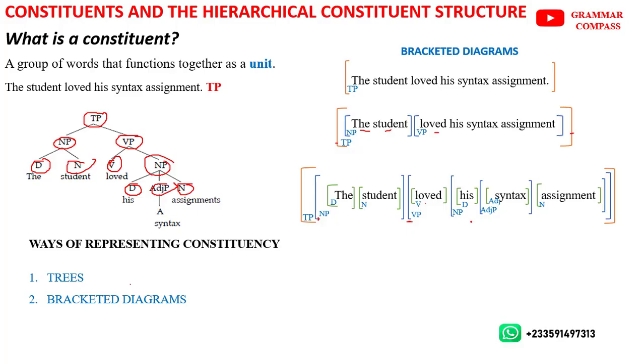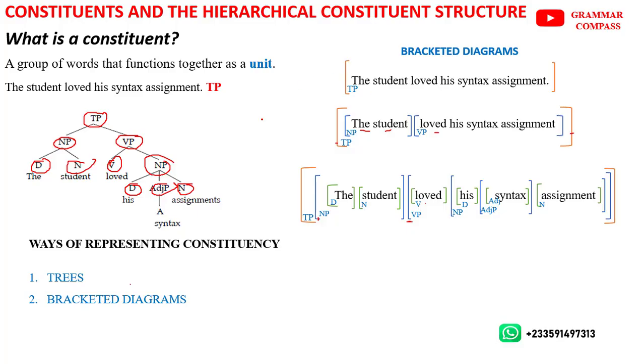But let me ask you this question. If you were asked or given the option to choose between using the tree diagram and using the bracketed diagram, which one are you going to go for? Most of us will go for the tree diagram because it is easier to draw, and you can also establish the link between the constituencies very clearly than you can do with bracketed diagram.